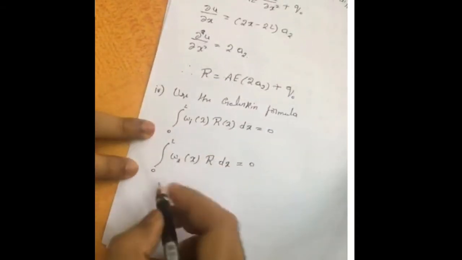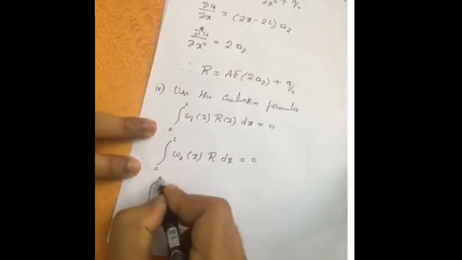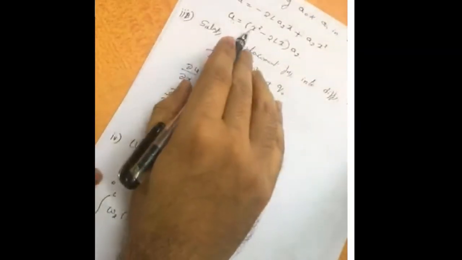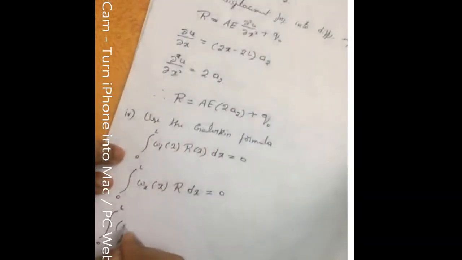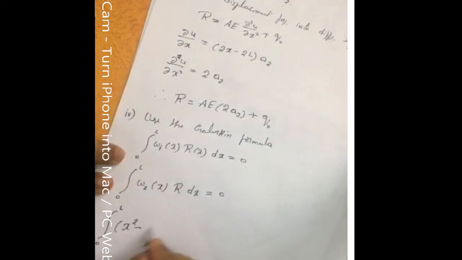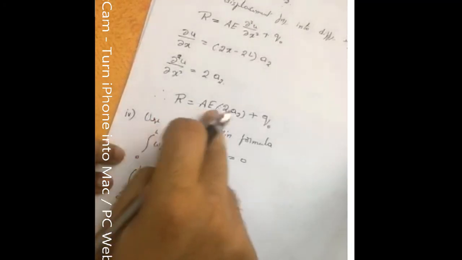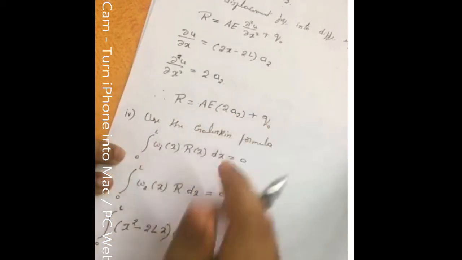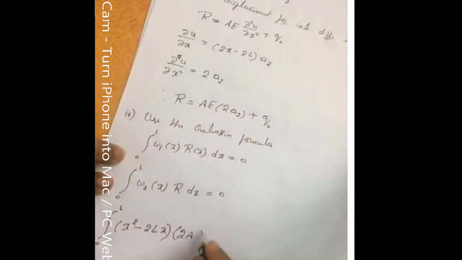So from 0 to L, W2 is x square minus 2Lx, multiplied by R, which is 2AE a2 plus q naught, dx, equal to 0.